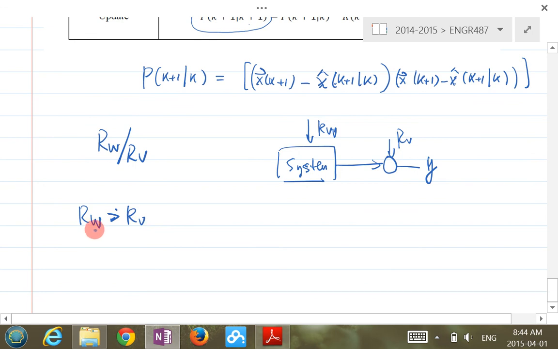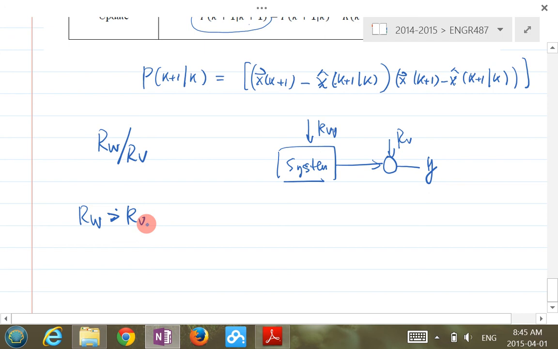So the process has more noise than the sensor, or RV is bigger, relatively. What you're doing is the estimate, and your estimate has to be based on the information here.